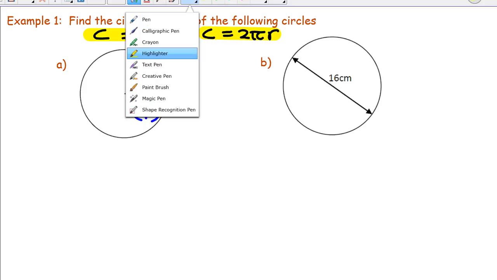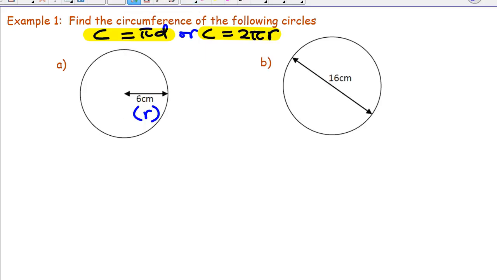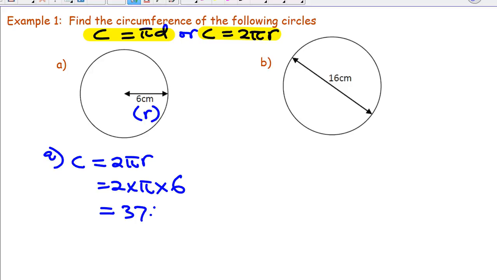Am I given the radius? And if I'm given the radius, then I'll use 2 pi r. If I'm given the diameter, I'll use pi d. So in this case here, A, circumference will be equal to 2 pi r. So 2 times pi times the radius, which will give you 37.7 centimeters.